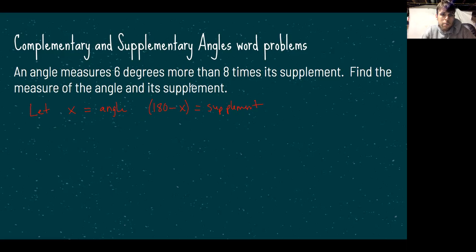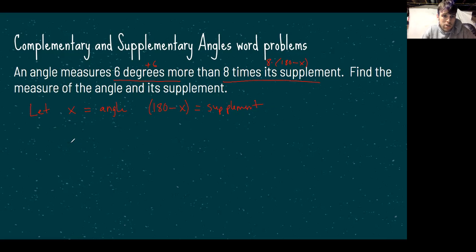All right, an angle measures 6 degrees more. 6 degrees more. That means I'm going to be doing plus 6 than 8 times its supplement. So 8 times its supplement would be 8 times 180 minus x. Okay, so I'm kind of reading this and figuring out what's going on there.